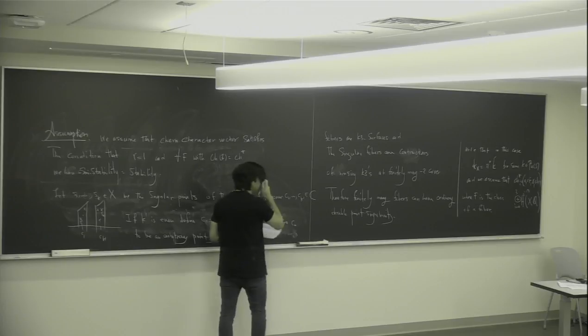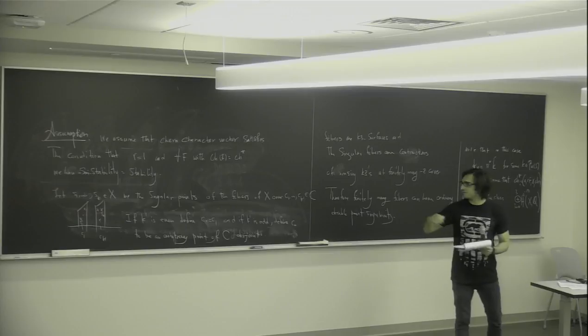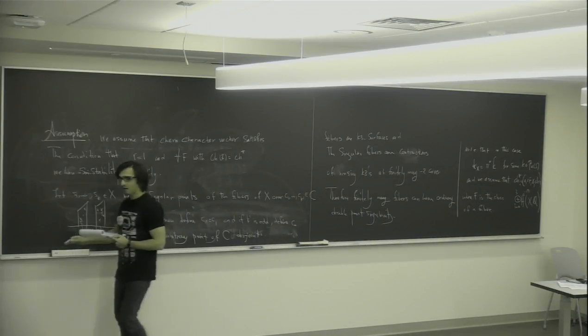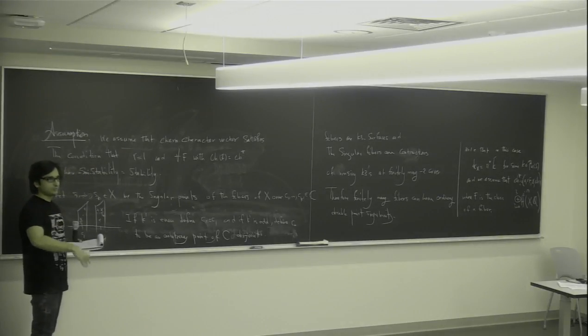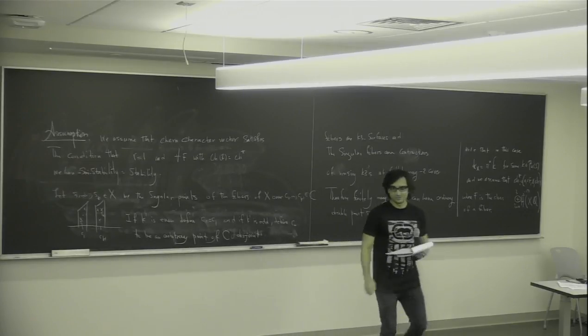We want this number of points on the base to be even. If the number of fibers over which we have nodes is even, no problem. If it's odd, we add a point, we make an even number of points, because later we want to construct some sort of 2-to-1 ramified cover of the base curve. That's what we want to do. We want to ramify over an even number of points.